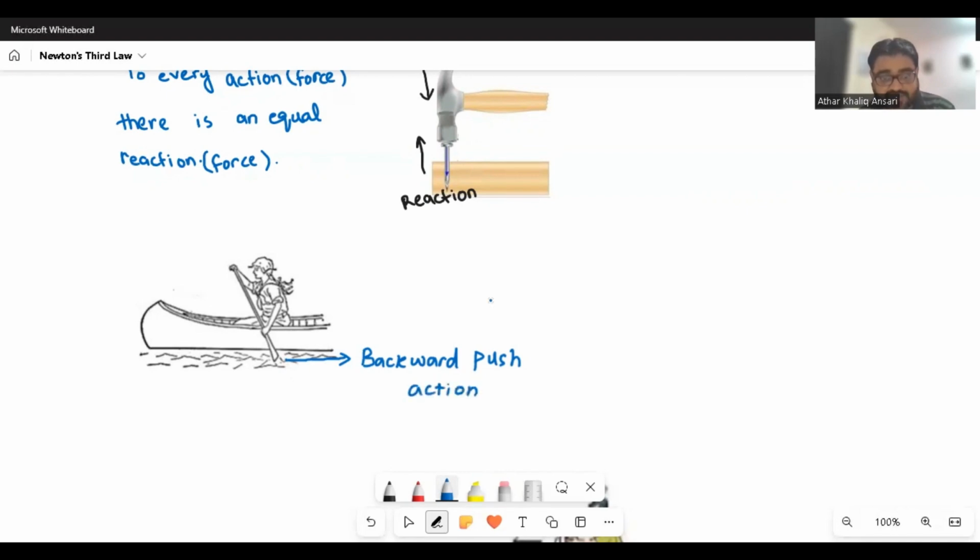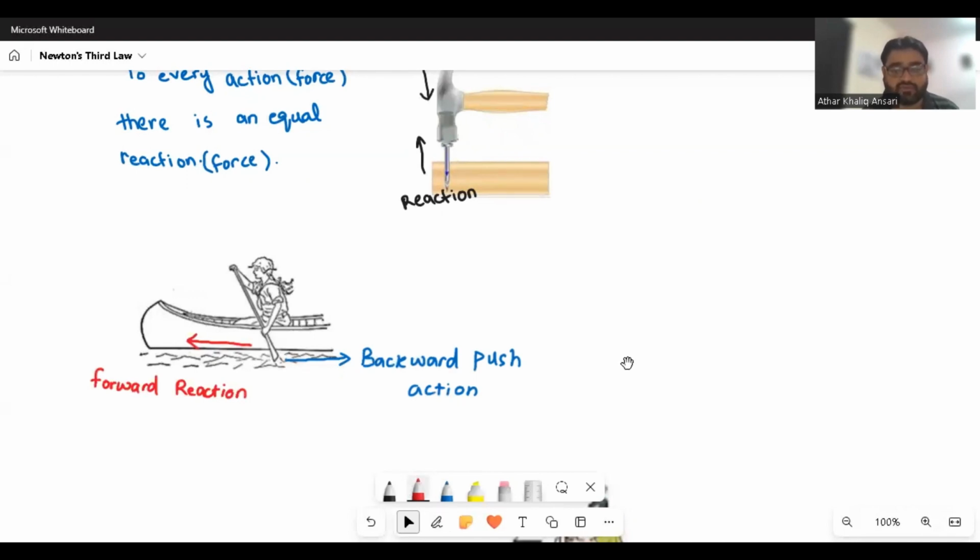And due to this action, there is an equal reaction on the boat, due to which this boat is moving forward. So this action makes the boat move in the forward direction. Action and reaction, again, are acting, so both forces make it possible for the boat to move.